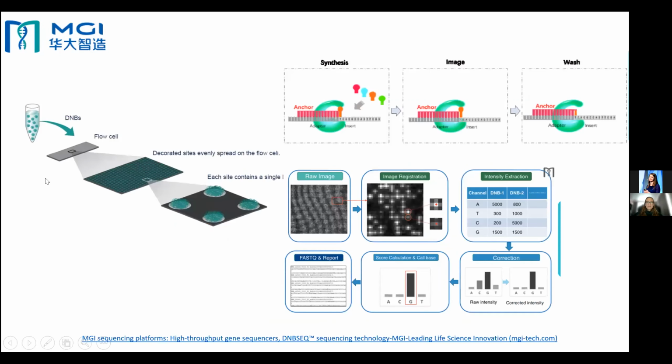The chip surface is covered with binding spots that have a positive charge at a constant distance, allowing only one nanoball to attach to each, and therefore ensures high chip utilization, and it makes the optical signal easier to distinguish.